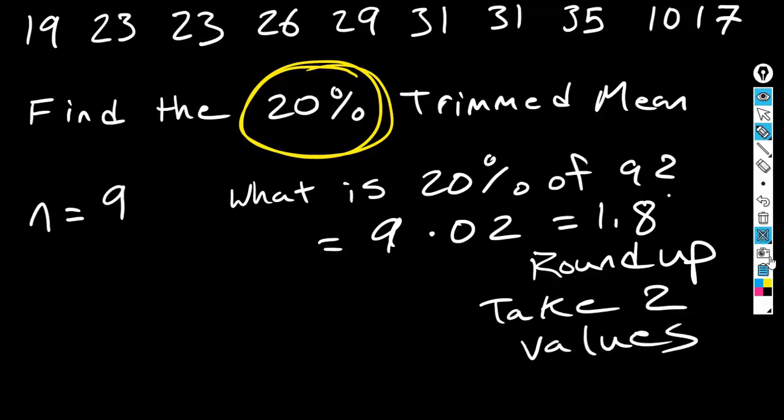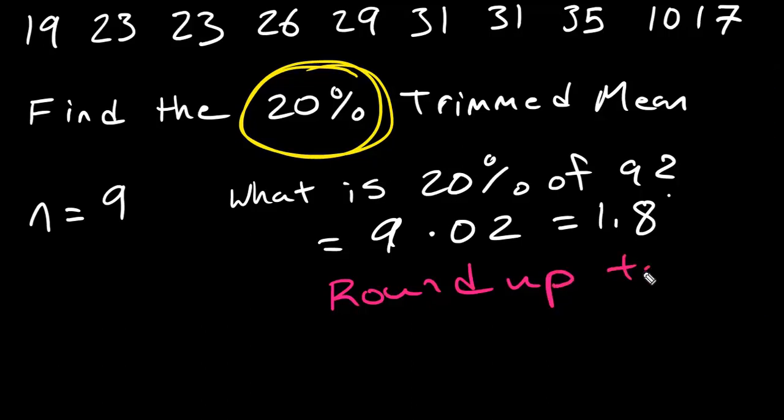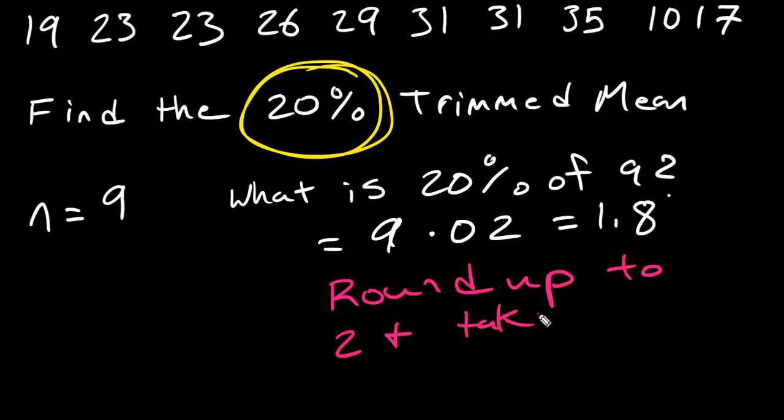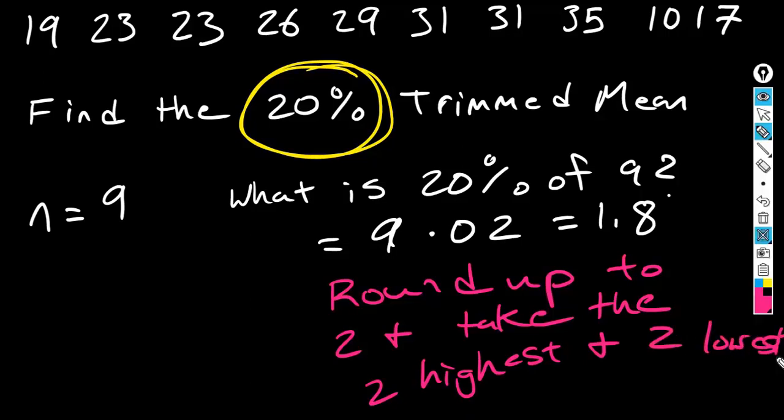Actually, let me do that in a different color. So we're going to round up to 2 and take the 2 highest and 2 lowest values.